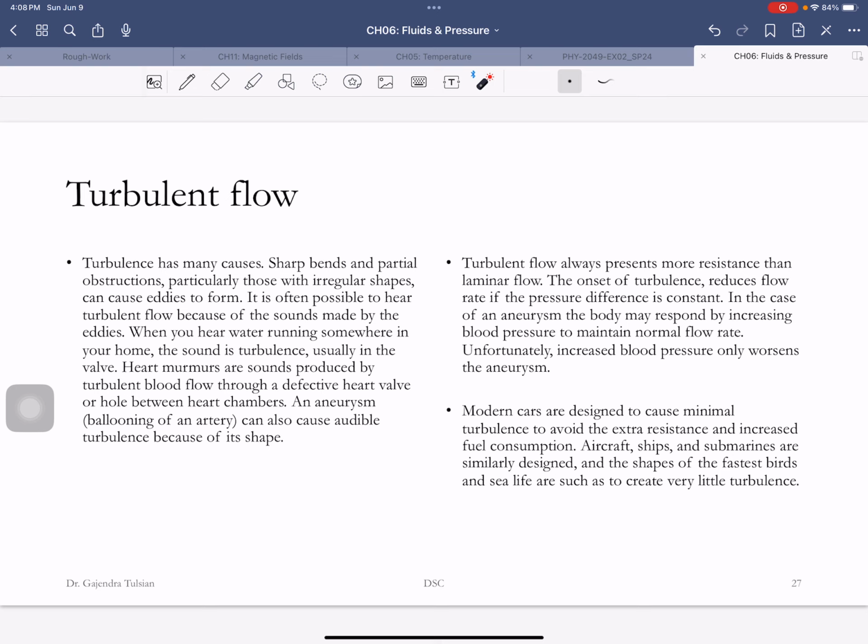Turbulence has many causes. Sharp bends and partial obstructions, particularly those with irregular shapes, can cause eddies to form. So a plaque deposit in a blood vessel can cause turbulent flow. It is often possible to hear turbulent flow because of the sounds made by the eddies. So when you hear water running somewhere in your home, the sound is turbulence, usually in the valves.